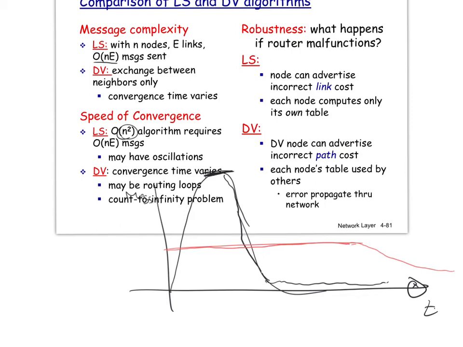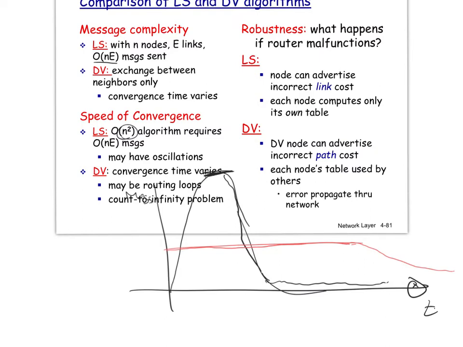Now, when it comes to robustness, here it is against possible errors. So we need to see. A node can advertise an incorrect link cost. So if a router, for example, malfunctions, and by malfunctions here, I mean the router itself started to work in a funny way, and it reports some wrong costs, or there is some compromise that happens to one router.